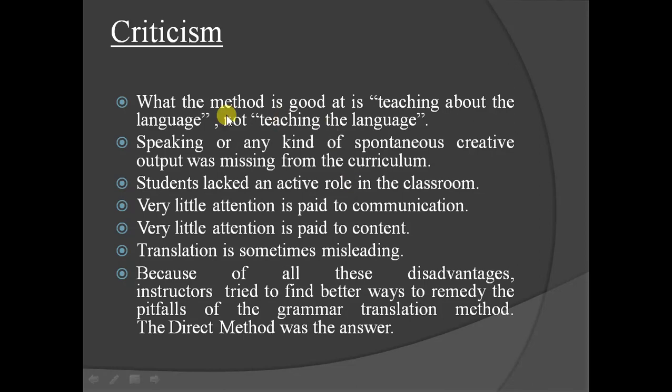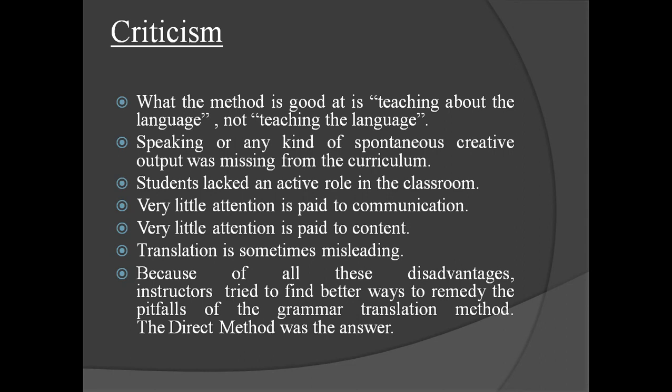The first one: what the method is good at is teaching about the language and not teaching the language itself. Meaning thereby that if we use our mother tongue for the target language, this does not amount to teaching the target language, rather it is teaching about the language, because critics say that if we are learning, let's say, the English language, and we are not using that language for our communicative purposes, how could we say that we are learning this language?